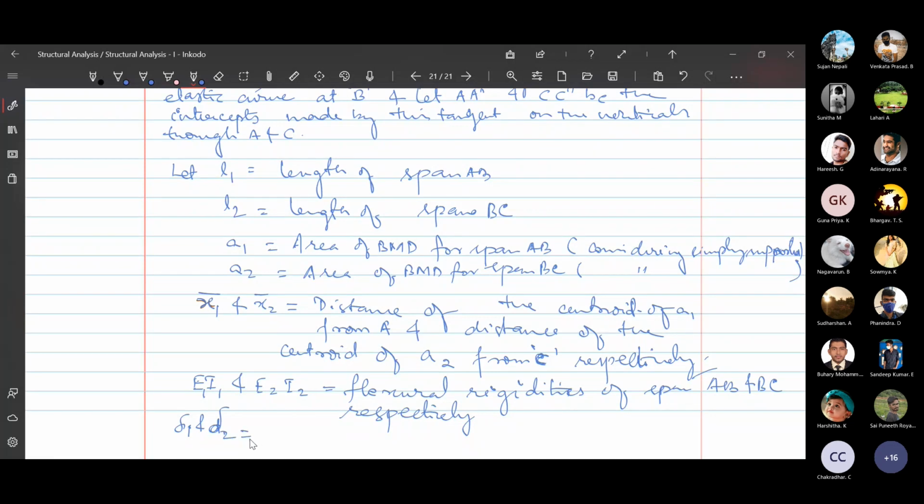These are the sinking of supports A and C with respect to support B.